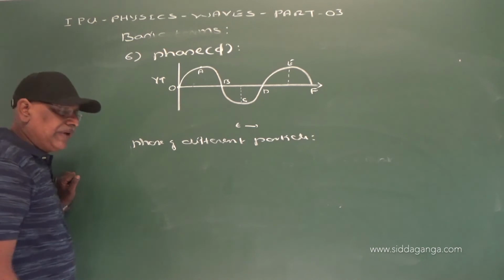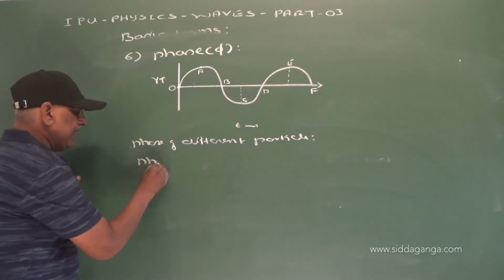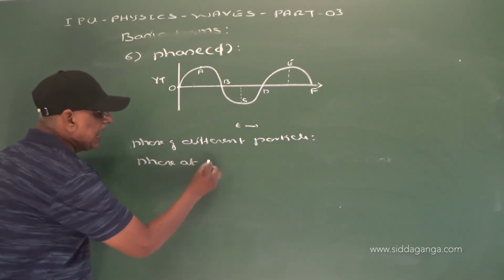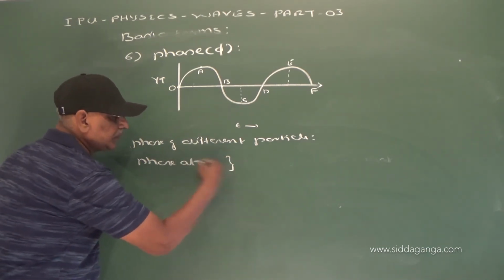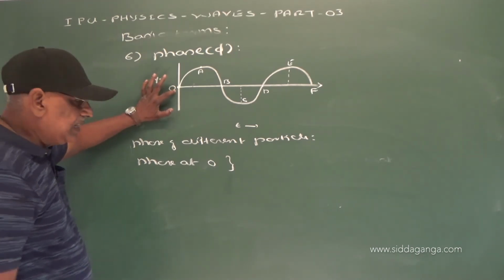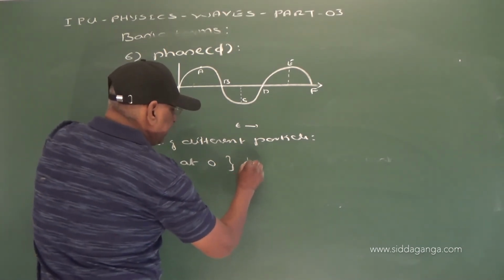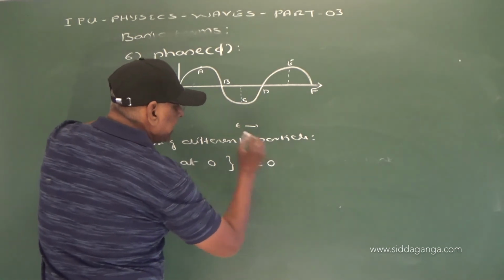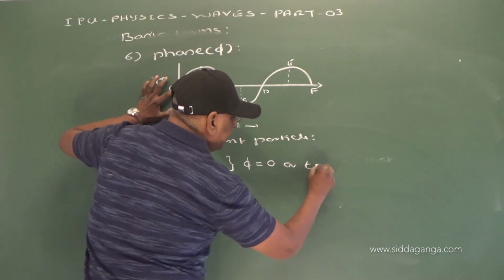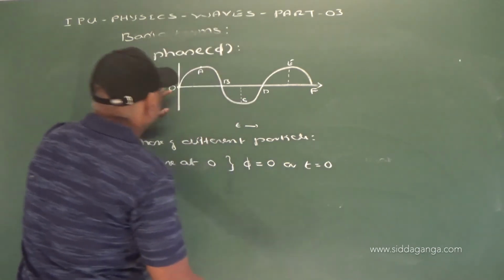So in a wave, now the phase of the particle at O. Since the particle is at the origin in the mean position, the phase difference, the angle covered, is 0, or the time taken t is equal to 0.